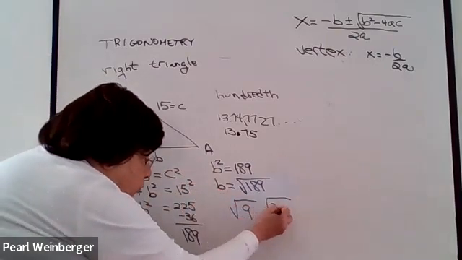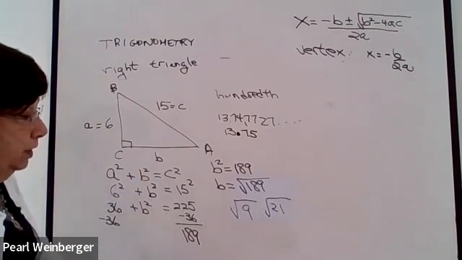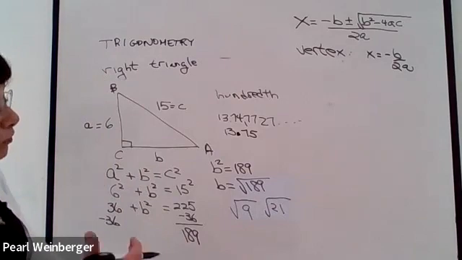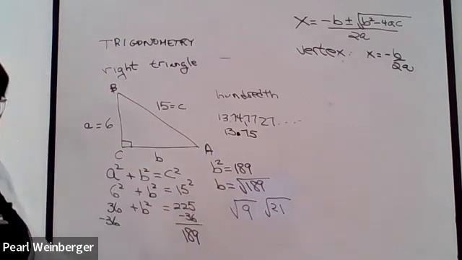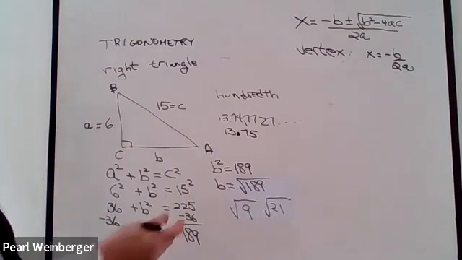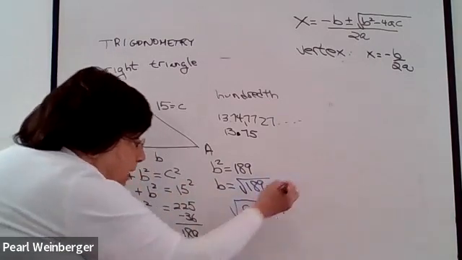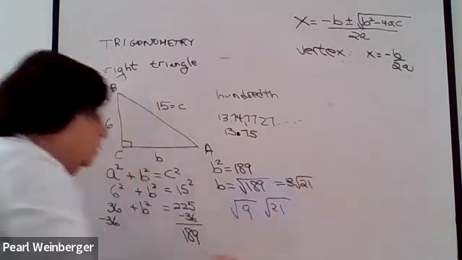Nine times 21 is what the square root of 189 is. In other words, I was able to break this down. 2 or 3 or 4 wouldn't work. Well, 4 wouldn't work because it doesn't divide evenly into it. And the next one is 9 because 5, 6, and 7 are not perfect squares. So this could be simplified to the square root of 9, which is 3, times radical 21.